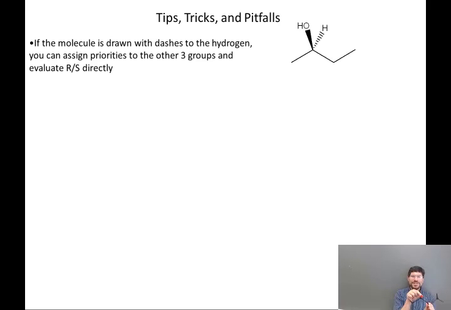Why is that? Because dashes mean that that atom is pointing away from you, so this hydrogen is already pointing away from you. So for the structure drawn on the screen, the OH is pointing towards you. Then we have the ethyl group, that's priority 2. The methyl group is priority 3. And we can conclude that this is the R structure.